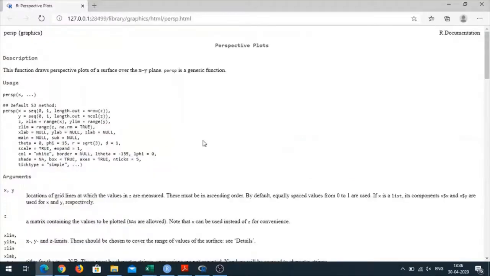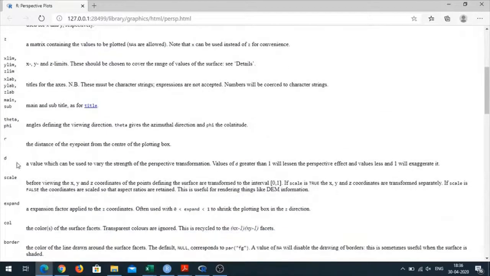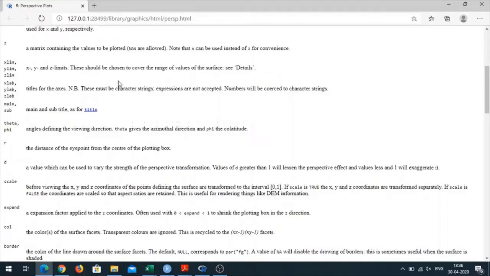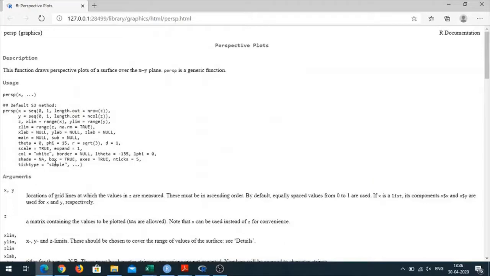Okay, so this is help of persp. You can see. Okay, so what I want is theta and phi will give me rotation. So let us read. Theta and phi are angles defining viewing direction. Theta gives the azimuthal direction and phi the co-latitude. Okay. And what other thing we want is ticks. So tick type.